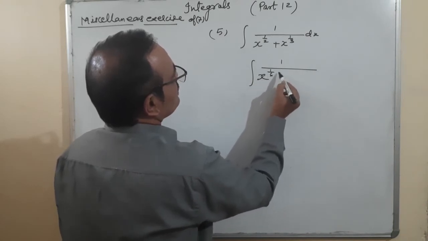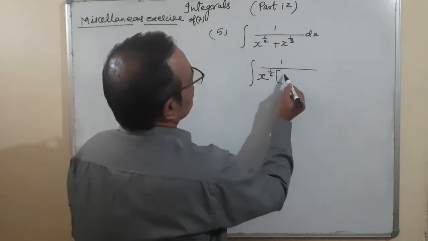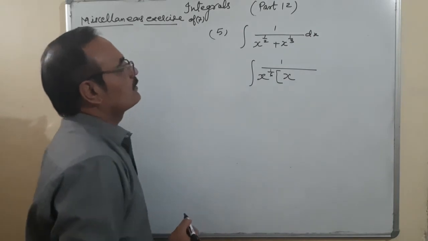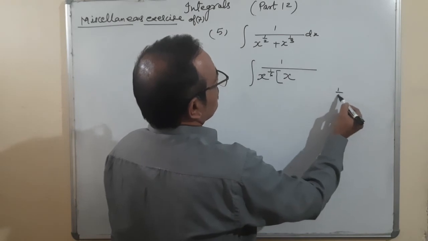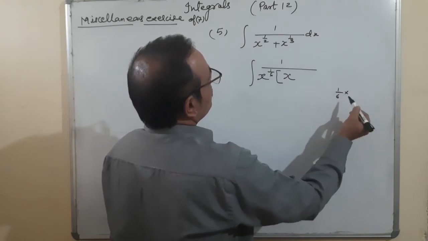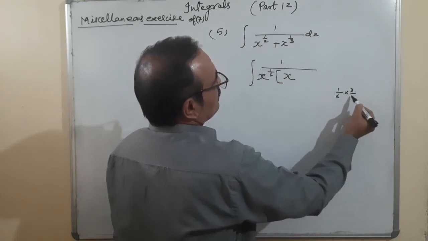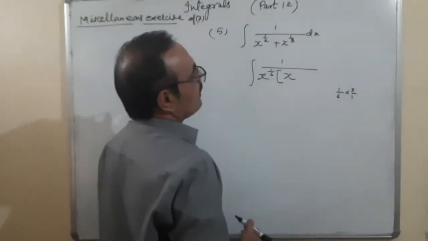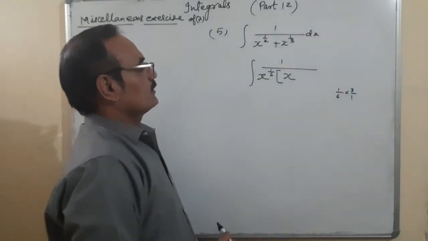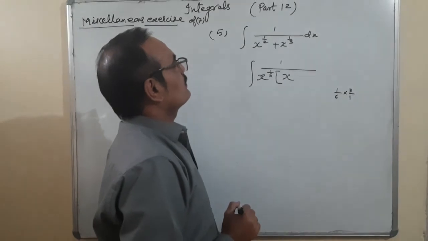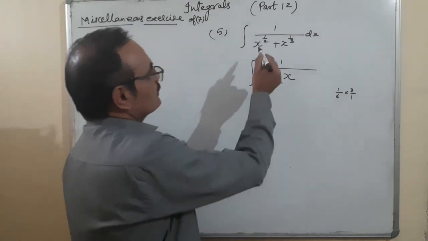If I take x to the power 1 upon 6 common, what is left here?